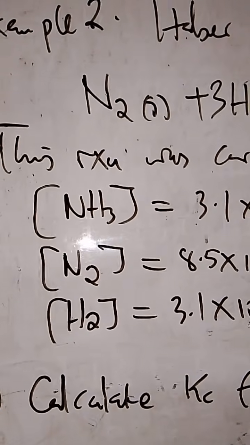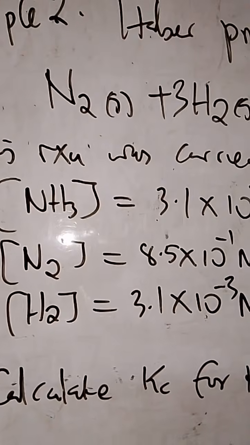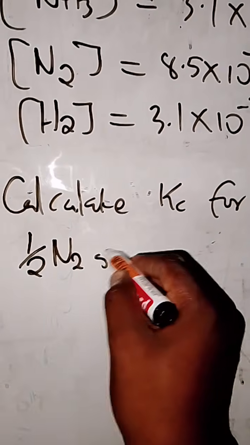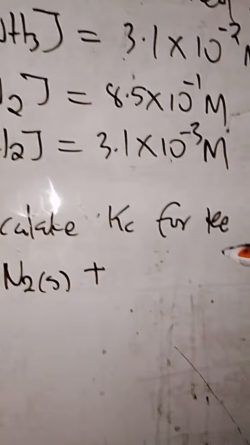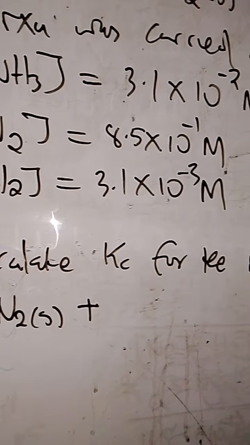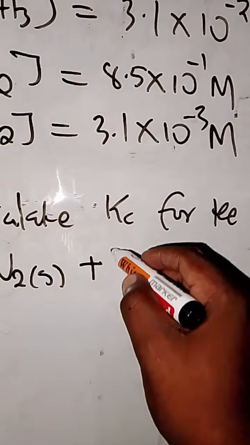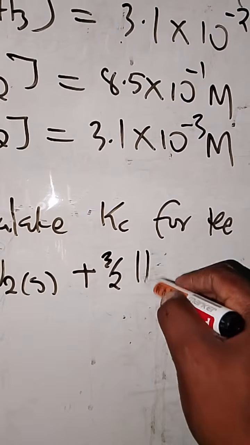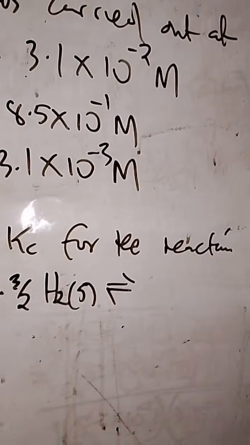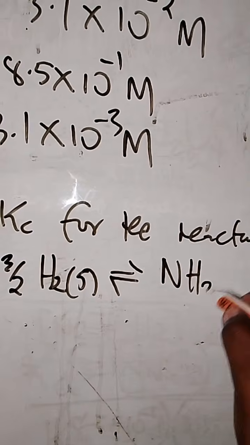So the equation is written as half nitrogen plus 3/2 hydrogen forms ammonia.